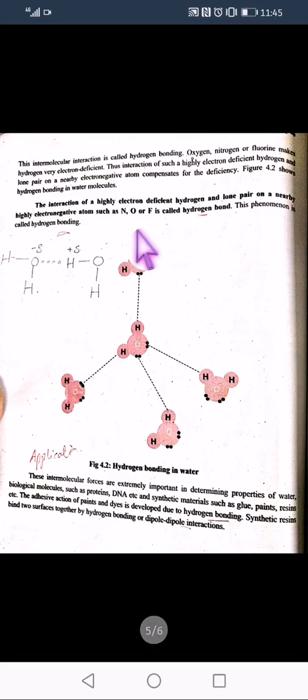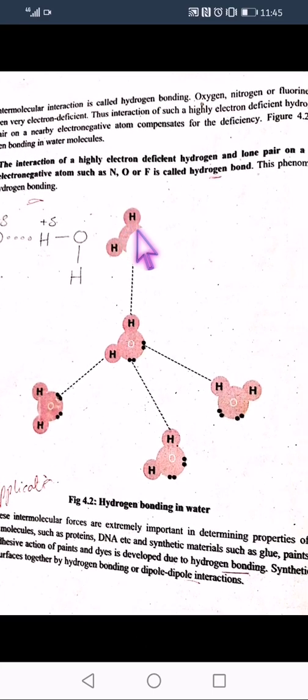The interaction of a highly electron deficient hydrogen, as you know hydrogen has only one electron, and a lone pair on a nearby electronegative atom such as oxygen, nitrogen, fluorine, which normally have high electronegativities, such a bonding is called hydrogen bonding.